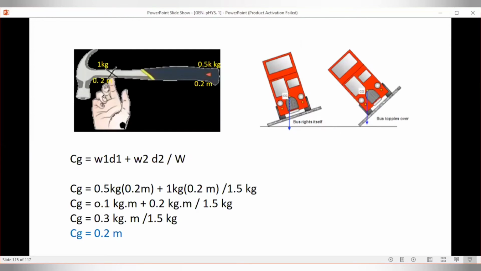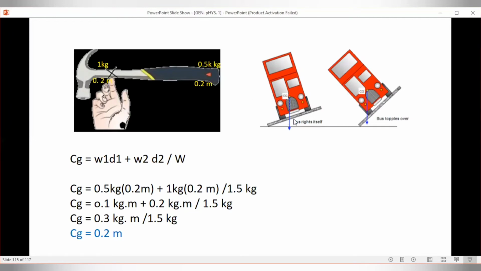For instance, I have here two illustrations where we could determine the center of gravity. The first illustration is the hammer, and you will notice the center of gravity of the hammer is at this position near the hammer head.